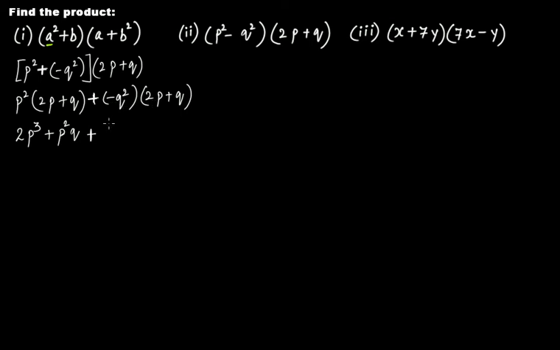So what's actually minus q squared? Minus q squared is nothing else but minus 1 multiplied by q squared, right? So tell me, minus 1 multiplied by 2 will be what? Minus 2, right?